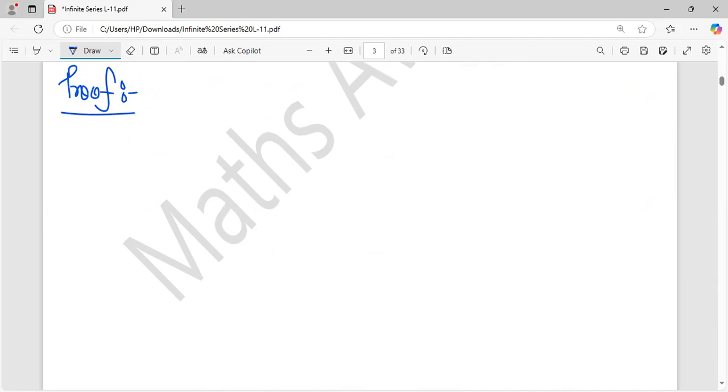Okay. So now we consider this summation Sk. What is Sk here? Sk is nothing but summation n goes from 1 to k, minus 1 to the power n plus 1, un.